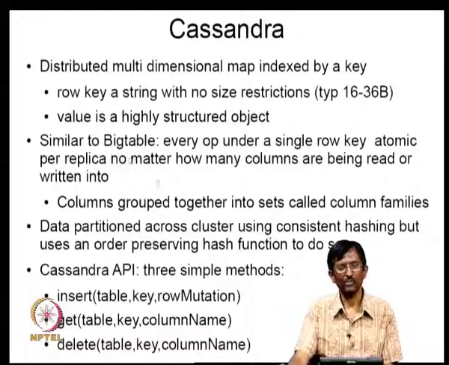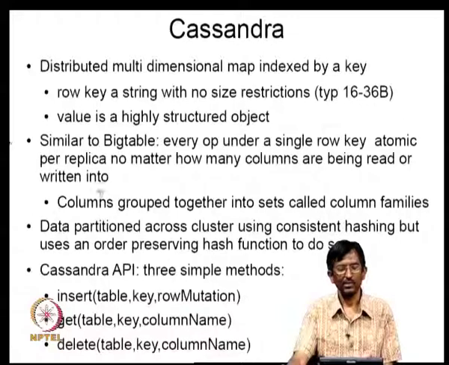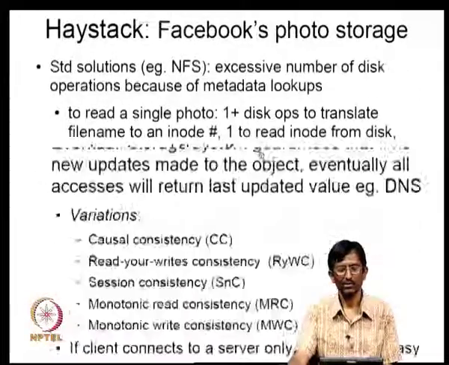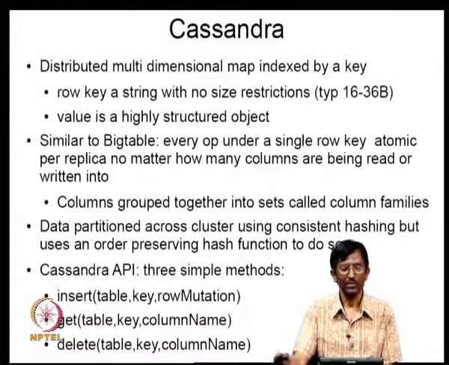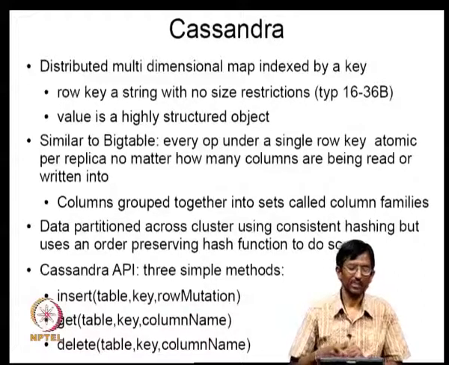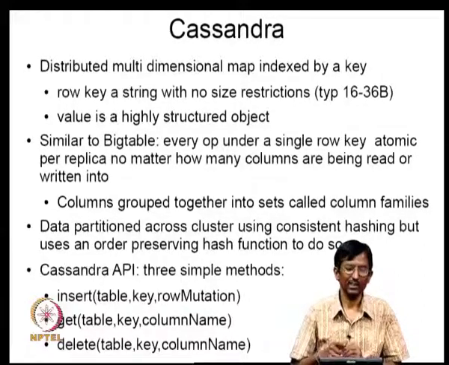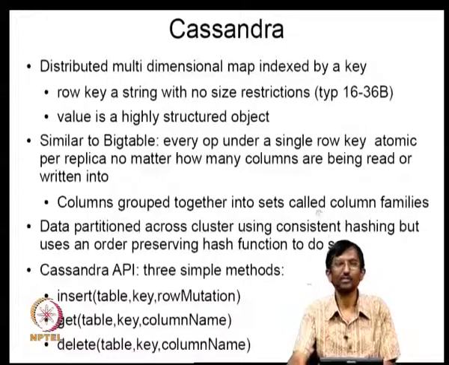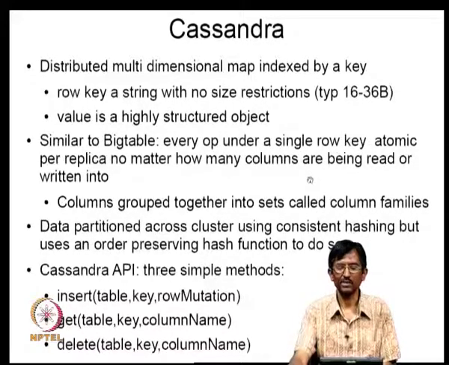They are also similar to Big Table in terms of column families, etc. The data is partitioned across the cluster using consistent hashing, with a small tweak: they use what is called an order preserving hash function. The API is quite simple. Again, we are not going into too much detail, as I mentioned, there is considerable literature available on each of these systems.